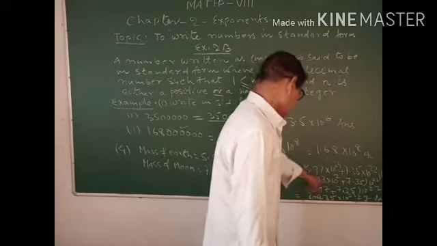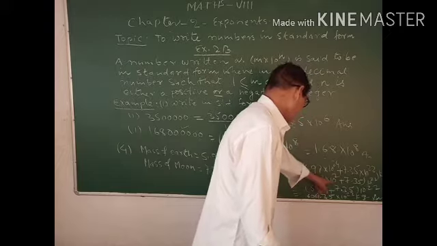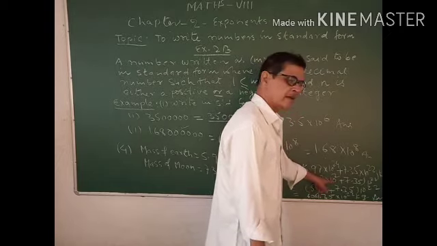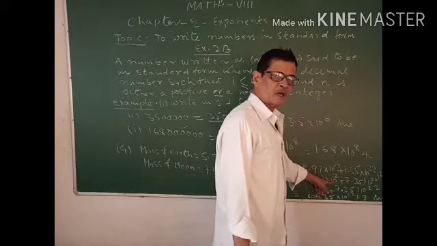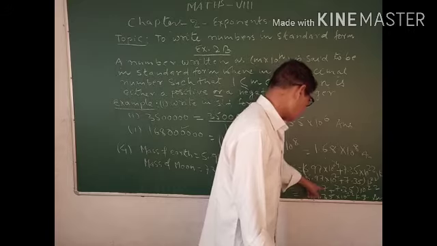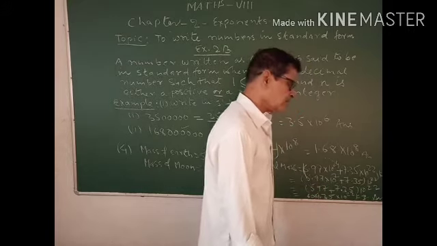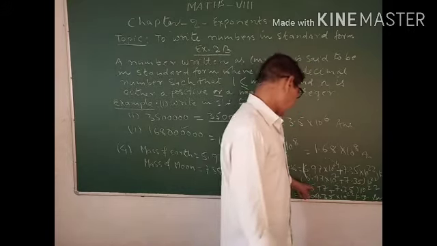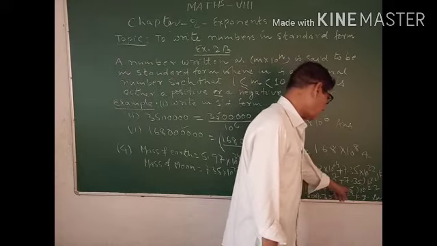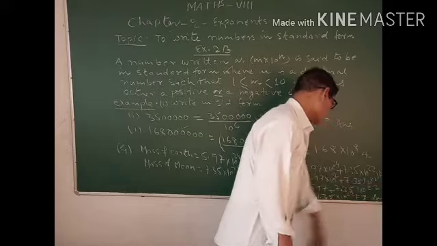Now this can be multiplied by 5.97 into 100. 10 to the power 2 means 100. This will become 597. Decimal will be omitted. 597 plus 7.35, 10 to the power 22.